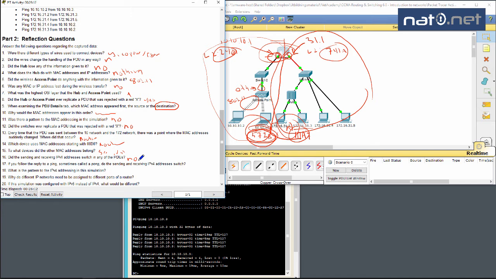On question 17, if you follow the reply to a ping, sometimes called a pong, never heard that actually, do the sending and receiving IP address switch? Yeah, because if the packet goes in one direction, let me change the color of the drawing here, if the packet goes in this direction from right to left, this is the source and this is the destination.